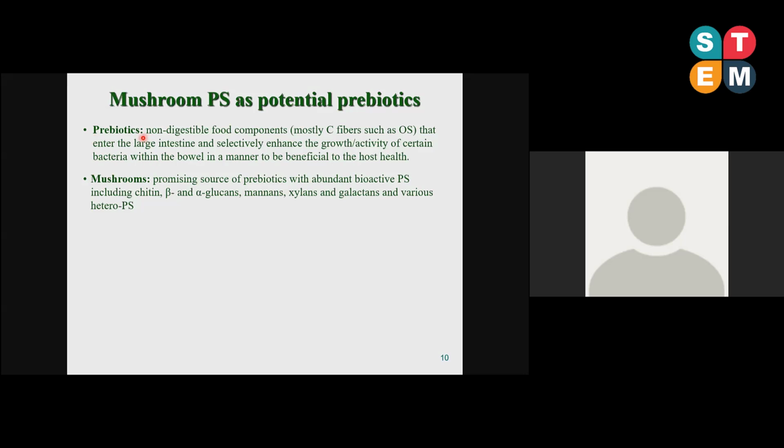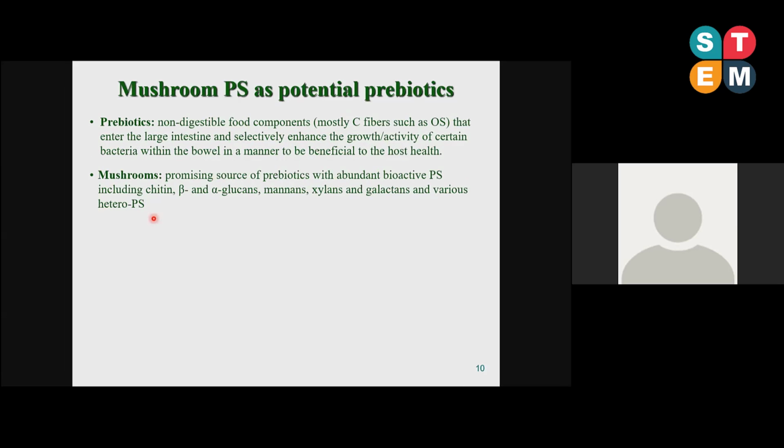Prebiotics are non-digestible food components, very similar to dietary fiber, but they can be fermented and utilized by the gut bacteria. They can enter the large intestine and selectively enhance the growth and activity of certain bacteria within the gut, which will lead to a beneficial effect on overall health.